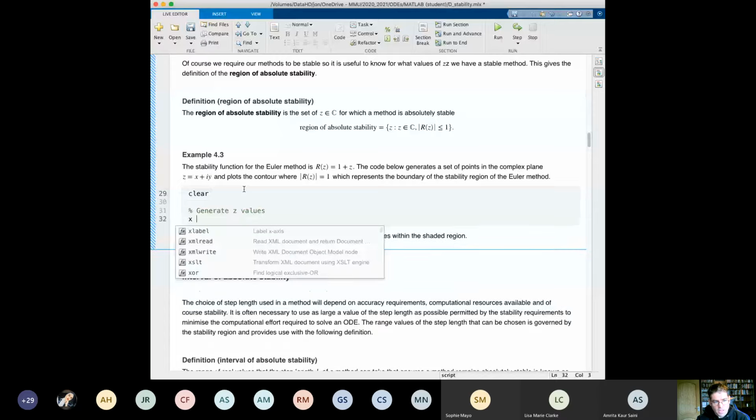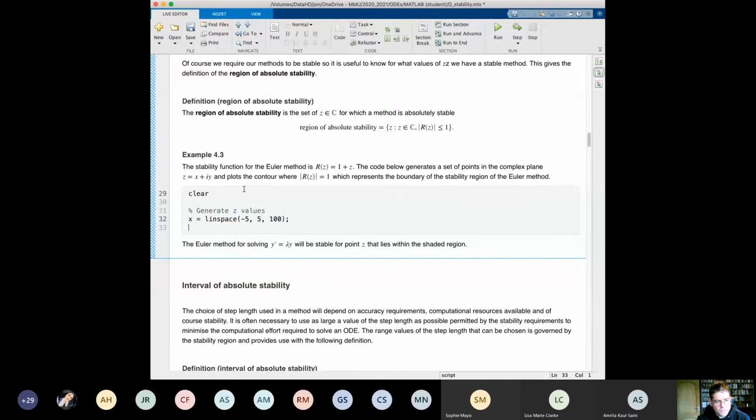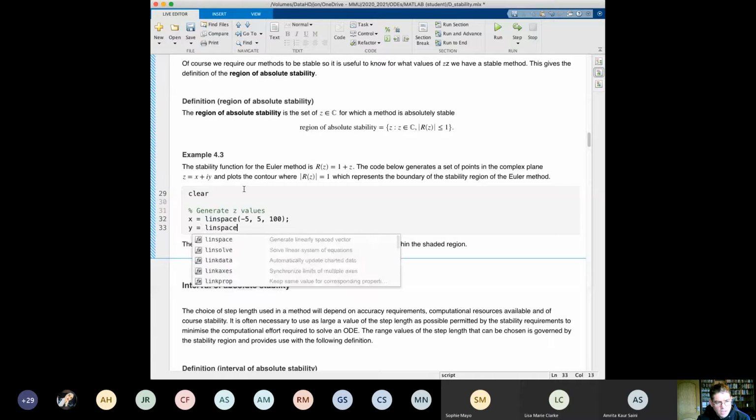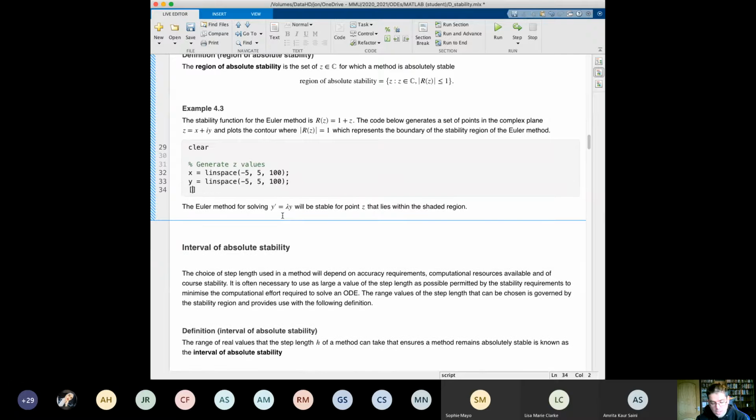Okay, so I'm going to say that x is an array of real parts, and y is going to be my array of imaginary parts. This linspace basically is going to generate 100 numbers between -5 and 5, which are equally spaced.